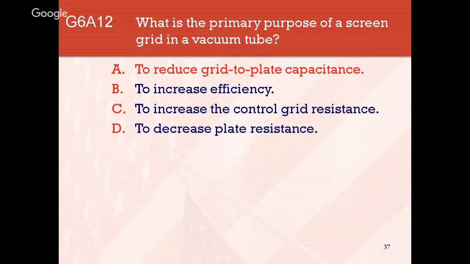If you remember what a capacitor looks like, it's two plates that hold a charge. If you have a visual of what a capacitor is, and you think about this screen grid as going between that grid and that plate, it is to help reduce the grid to plate capacitance.